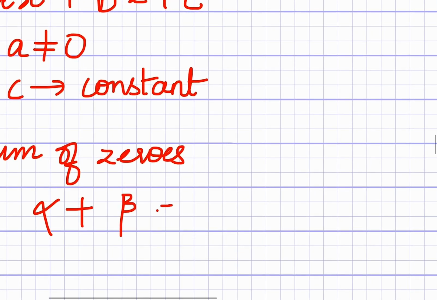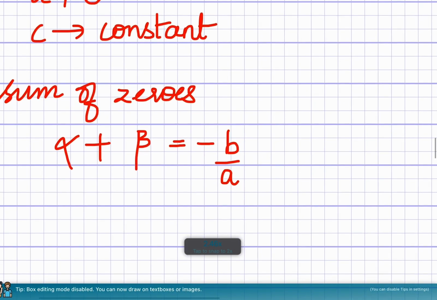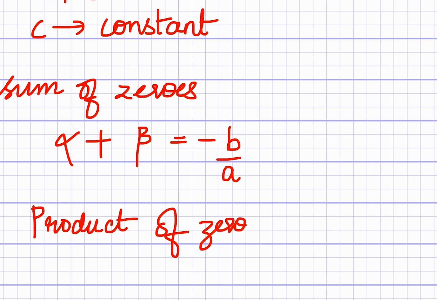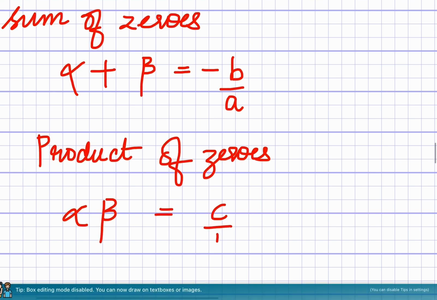Sum of zeros should be equal to minus b by a, and product of zeros means we multiply, that is alpha into beta, and it should be equal to c by a.